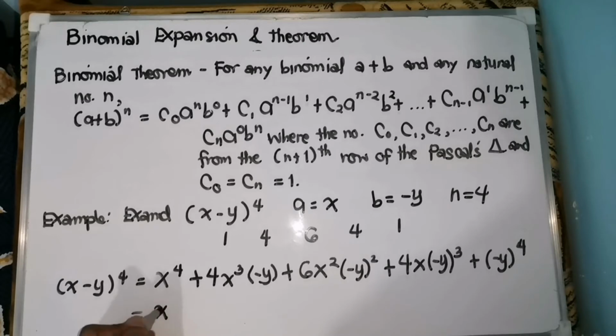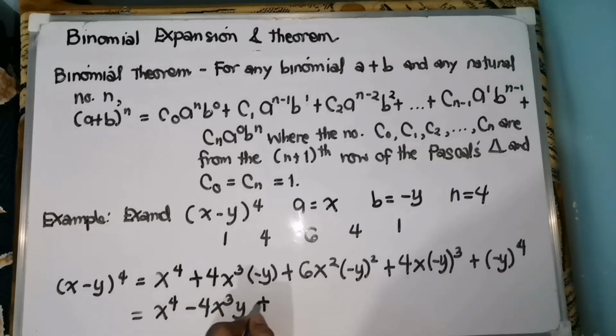So we have here x to the 4th. And then, our sign is negative. So positive times negative is negative 4x cubed y. And then, plus 6x squared y squared.